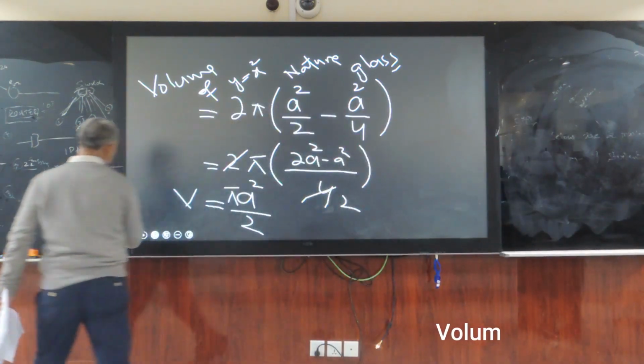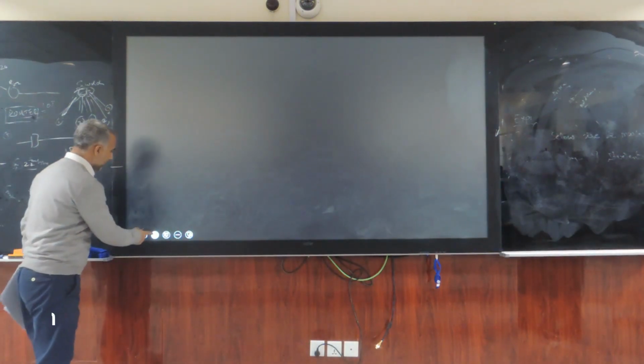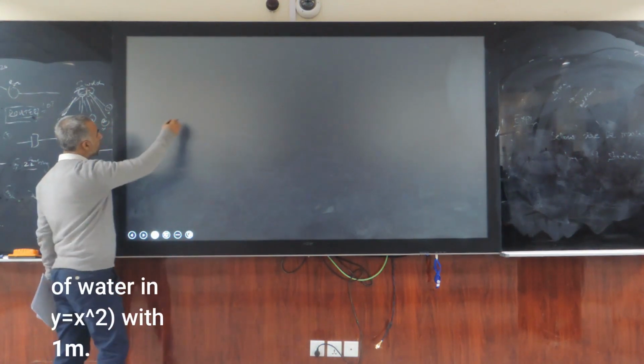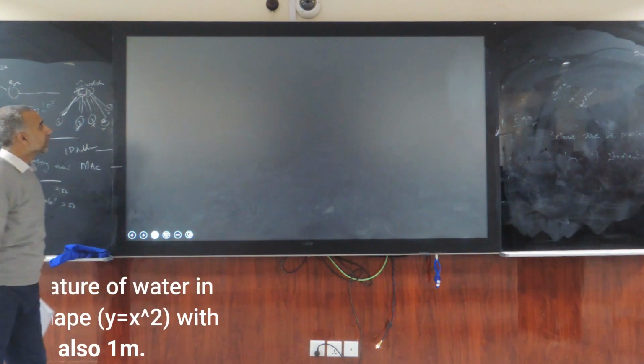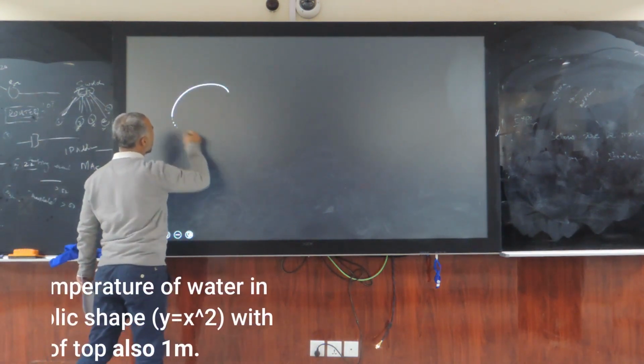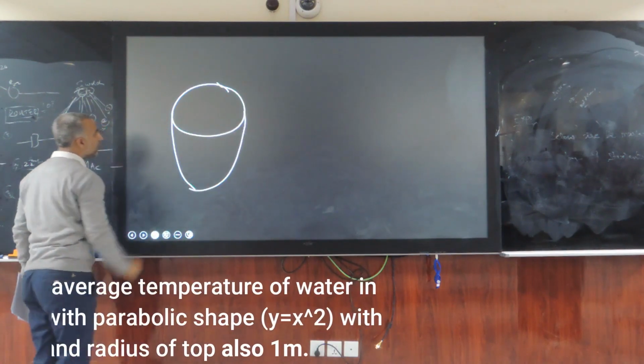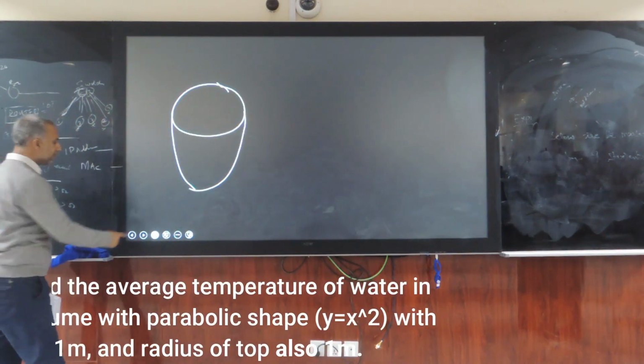I would like to introduce another feature in this volumetric parabolic glass. For example, we have this one, and we are filling it with water.